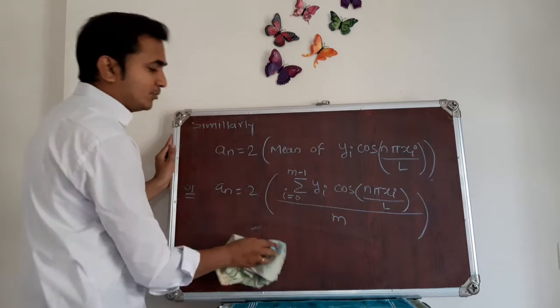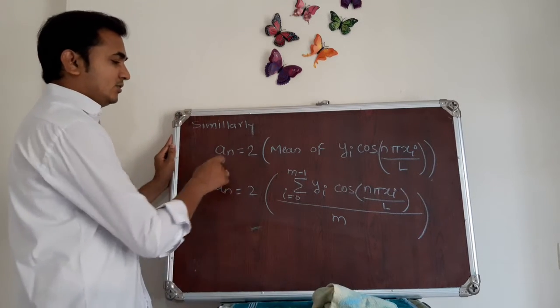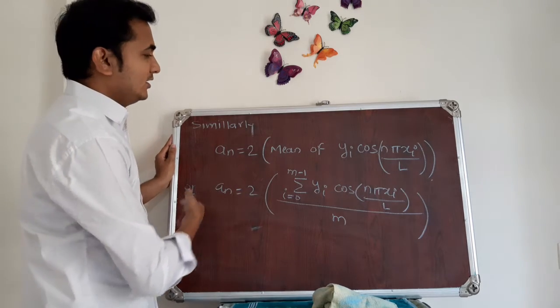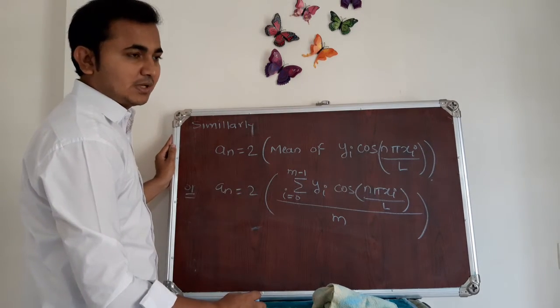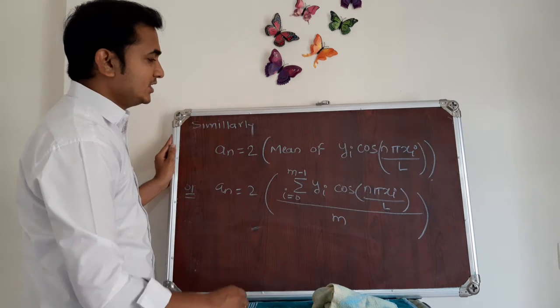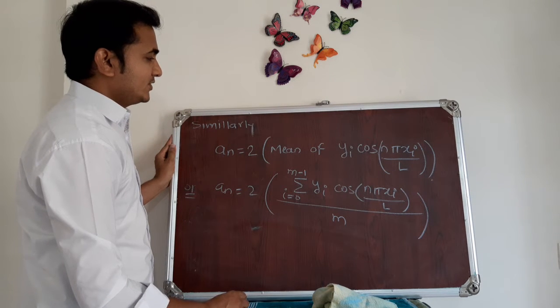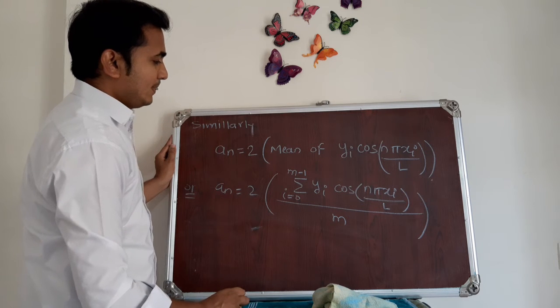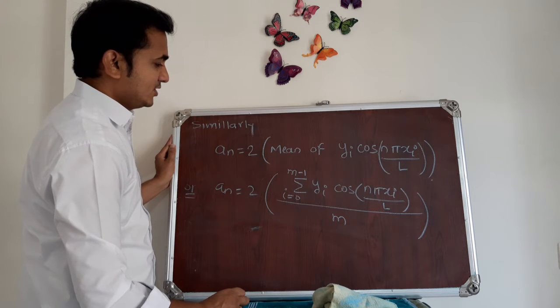On similar lines you can prove it. Whatever we did for a naught, you can do for an. Write down the formula for an in integration form, whatever an we have stated for Fourier series, and use that to get this expression.